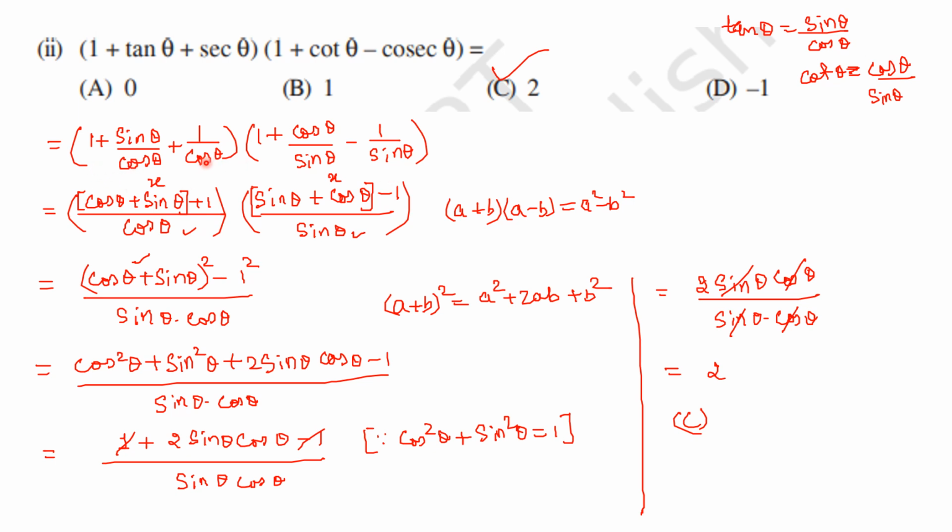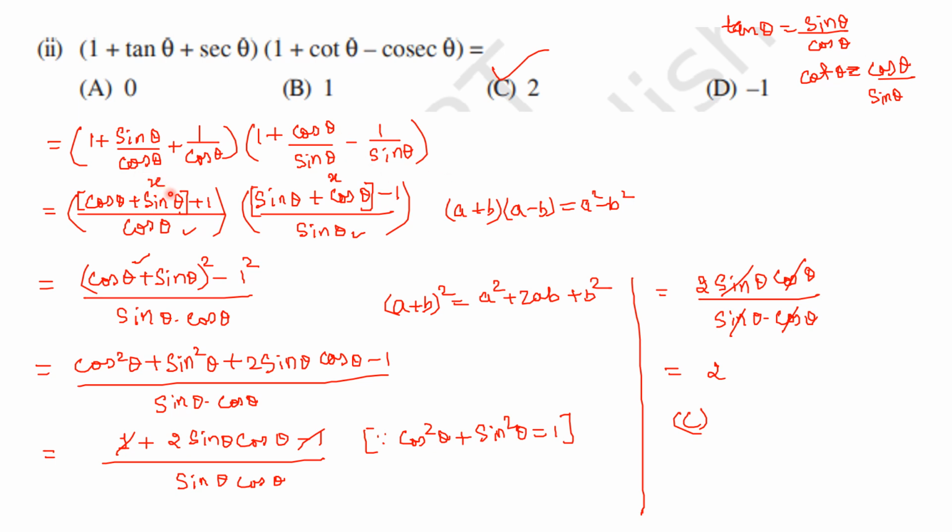Then I have taken the LCM. So the LCM will be cos theta. So here it will become cos theta plus sin theta plus 1, and here it is sin theta plus cos theta minus 1. So if you consider cos theta plus sin theta as x, it will become x plus 1, x minus 1. And we know the identity, right? A plus b, a minus b is a square minus b square.